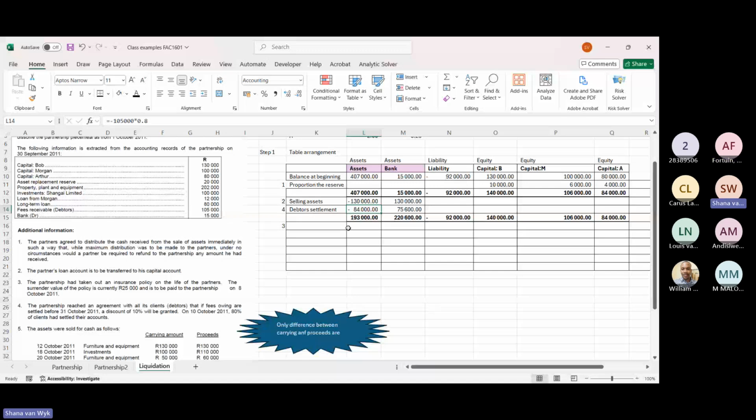We just have one more left, this insurance thing. Should we first do this one and then we can distribute? Okay. Insurance policy, the surrender value of the policy is to be paid to the partnership.